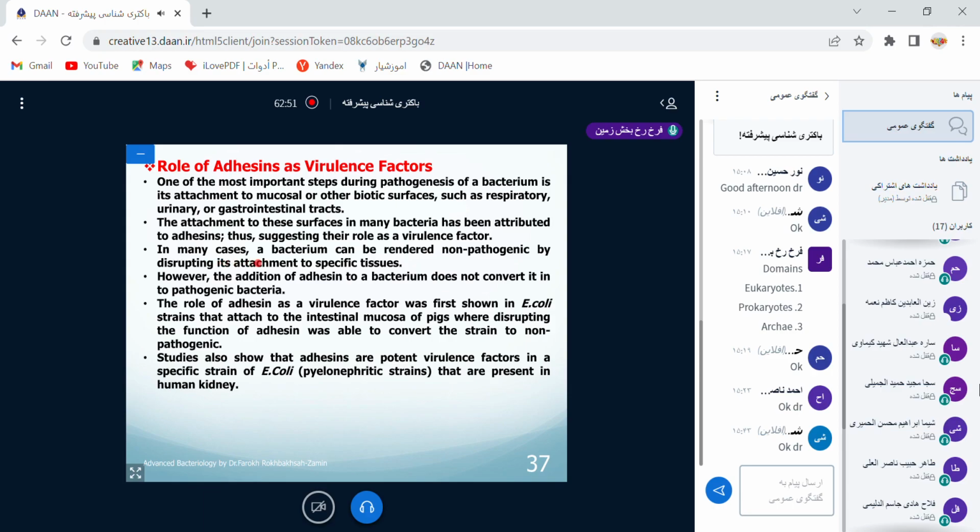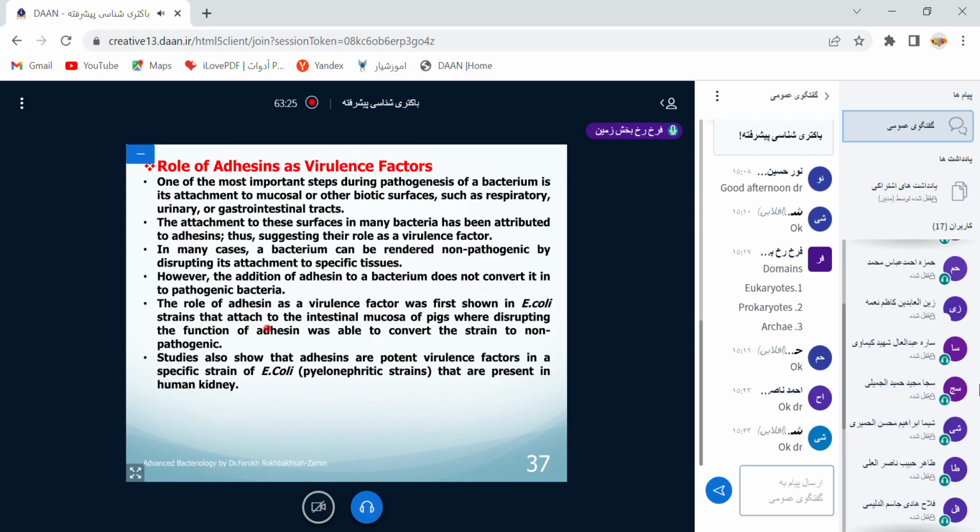In many cases, a bacterium can be rendered non-pathogenic by disrupting its attachment to specific tissues. However, the addition of adhesins to a bacterium doesn't convert it to a pathogenic bacterium. The role of adhesins as a virulence factor was first shown in E. coli.